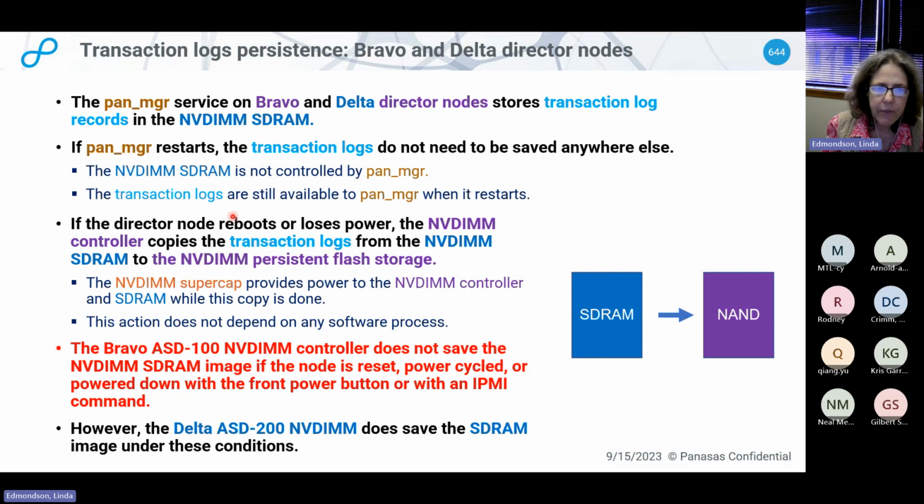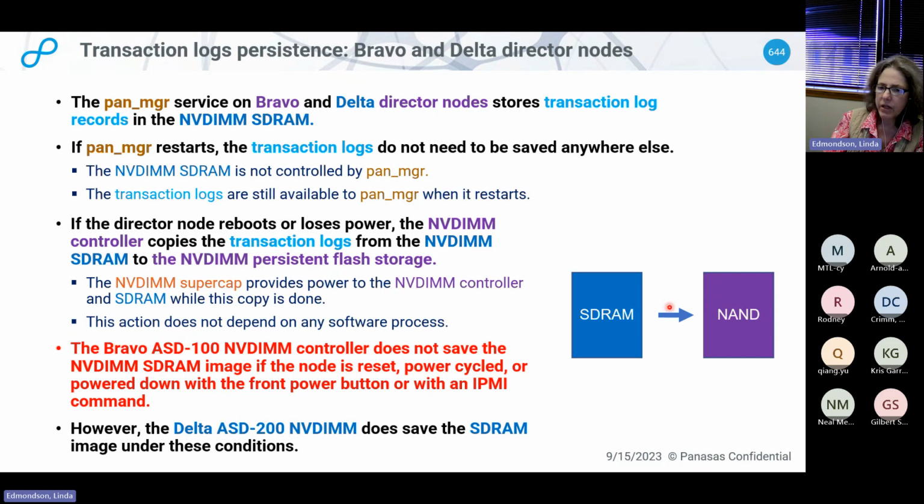However, if the node reboots or loses power, the NVDIM controller copies the transaction logs from the NVDIM to the NVDIM persistent flash storage. The SuperCAP provides the power to the controller to do this. This action does not depend on any software service.